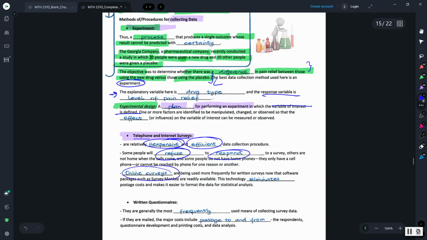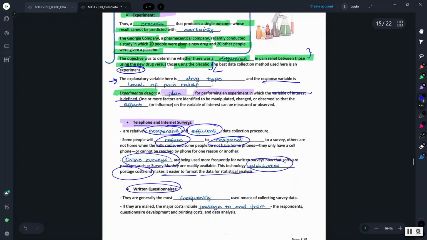Online surveys are being used more frequently these days. Sometimes there are incentives that are given in order to help to boost the response rates. Technology has helped to eliminate postage costs and has made it easier to also format the data for statistical analysis. Then, beyond surveys, very similar to them are written questionnaires.